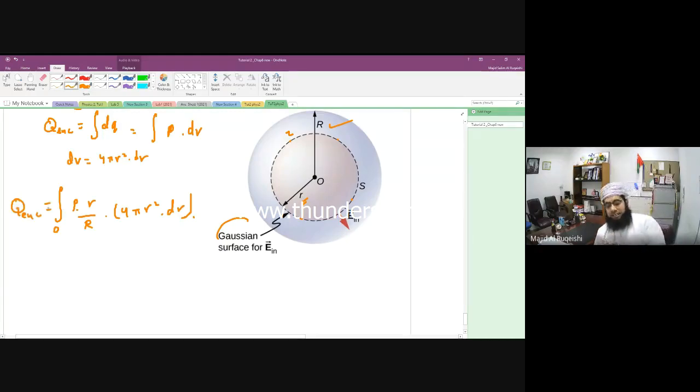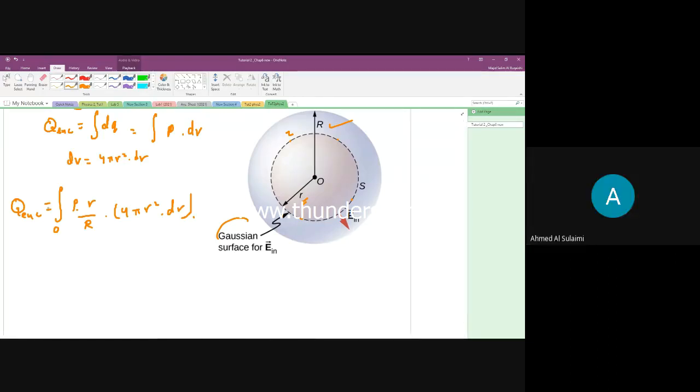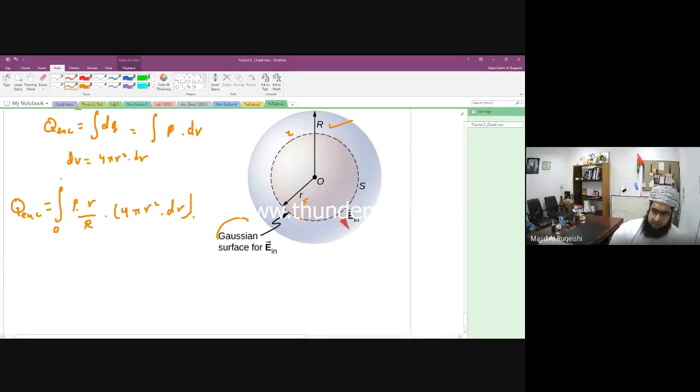Now we are integrating from 0 to R small. R small. Excellent. From R small. So make all the constants to the left side.